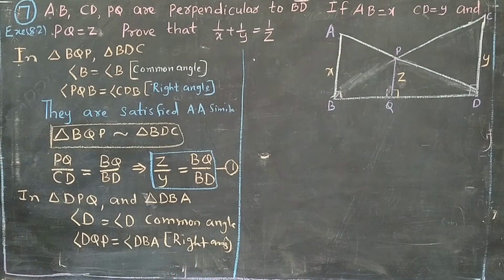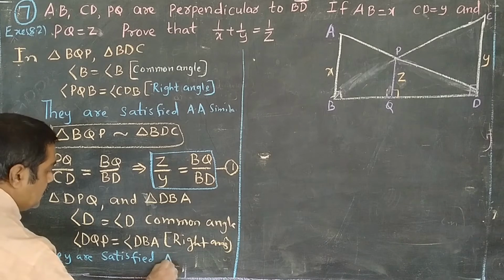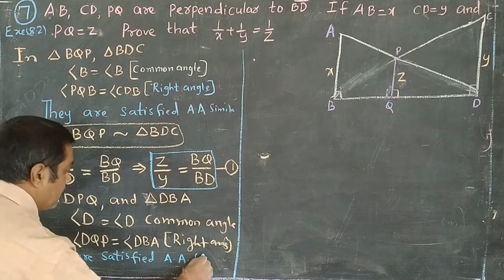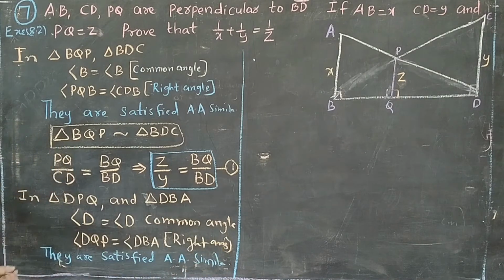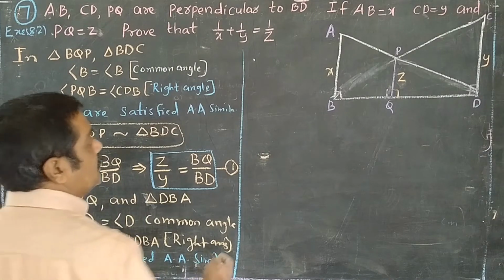So here they satisfy the AA similarity criterion, so their corresponding sides are in the same ratio.